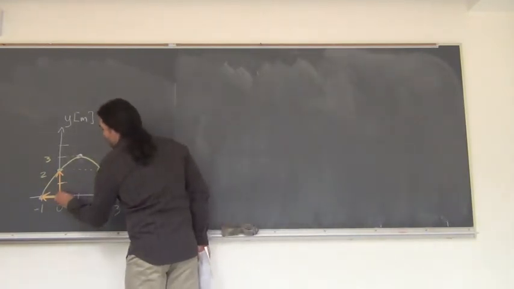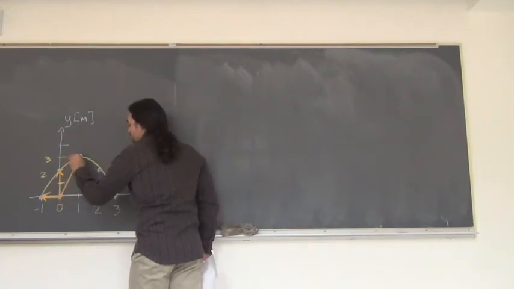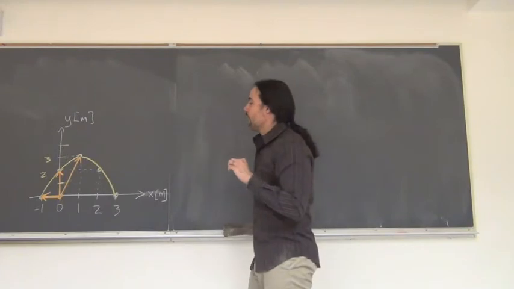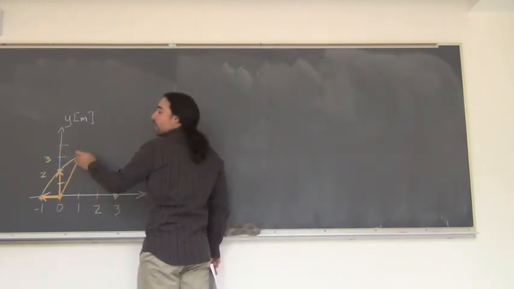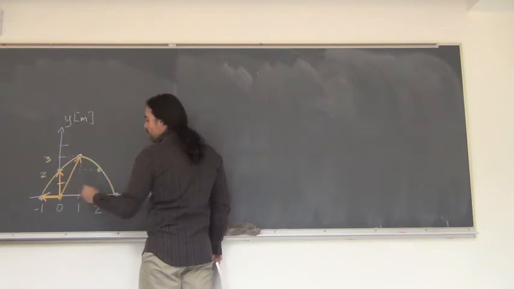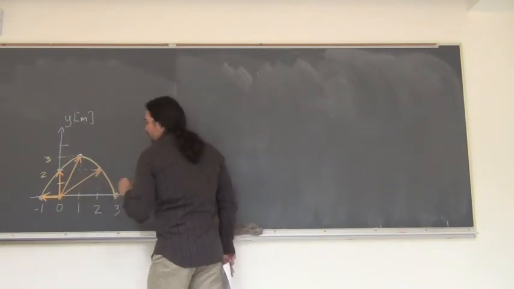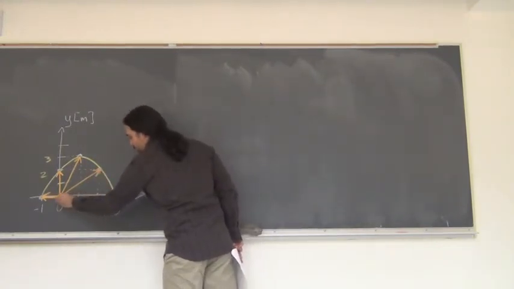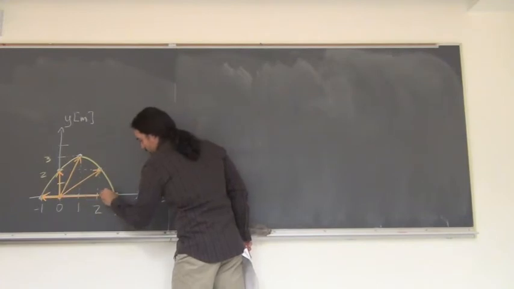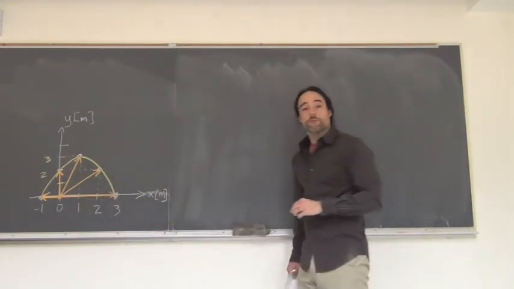I can specify where my object is at time 2. It's over 1 meter and up a height 3 meters. At time 3, we're over 2 meters and up 2 meters. At time 4, we're over 3 meters and up 0 meters.